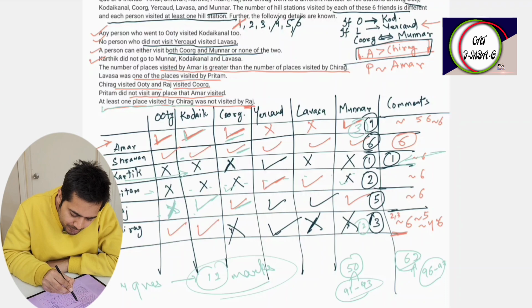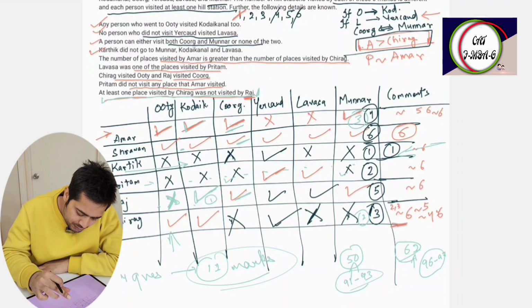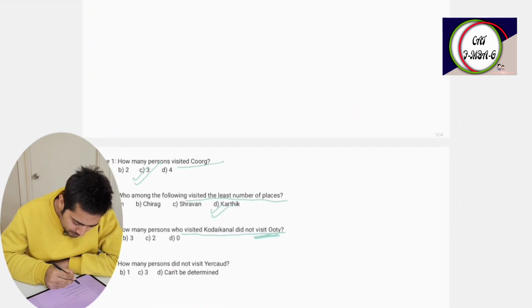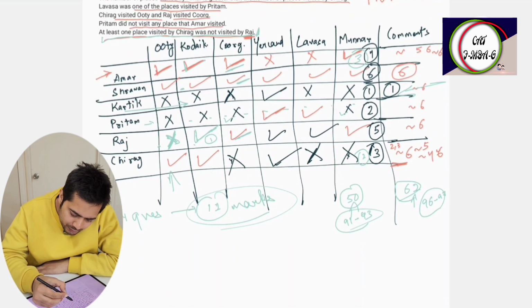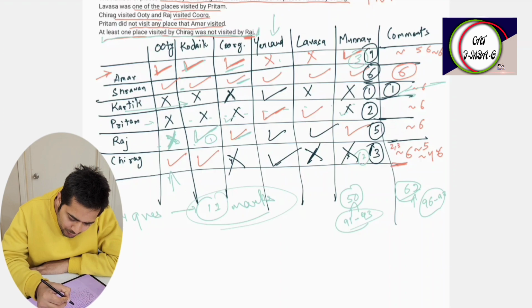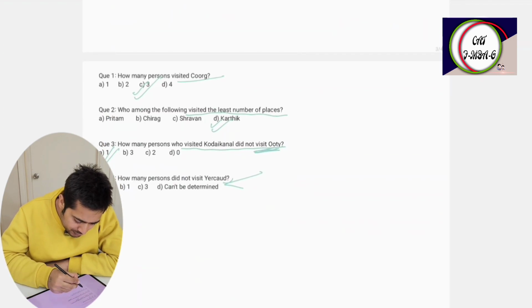At least one place visited by Chirag was not visited by Raj. That is Ooty. So Kodaikanal right and Ooty wrong. One person we have got. Only one is the right answer. One. How many persons did not visit Yercaud? Who has not visited Yercaud, wrong. Only one person has not visited Yercaud. One is the right answer.